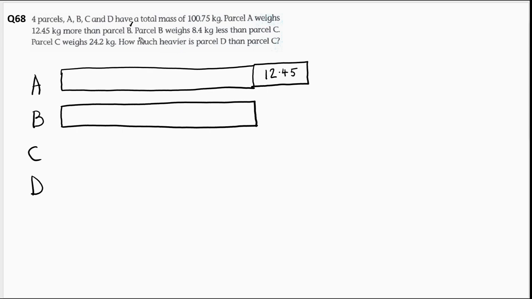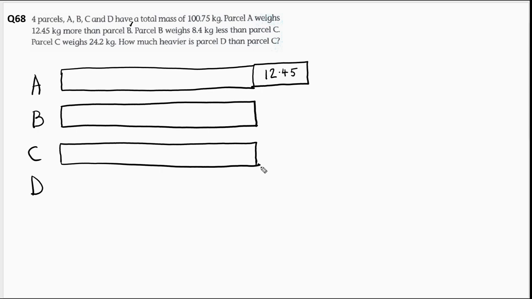Okay. Parcel B weighs 8.4 kilograms less than parcel C. So B is less than C. So I'm going to draw a bar for C, which is at least as big there as B. And I'm doing that because I can see where my equal parts are.